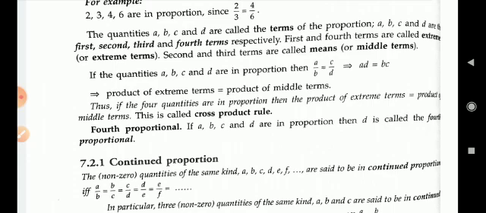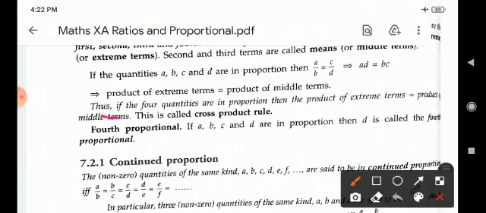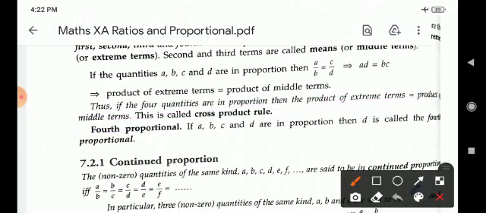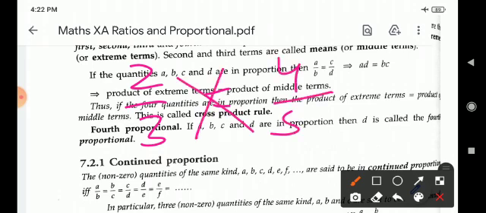This is called the cross product rule. For example, 2 upon 3 equal to 4 upon 5. On cross multiplying, we get 2 into 5 and 4 into 3. That is 10 equal to 12.